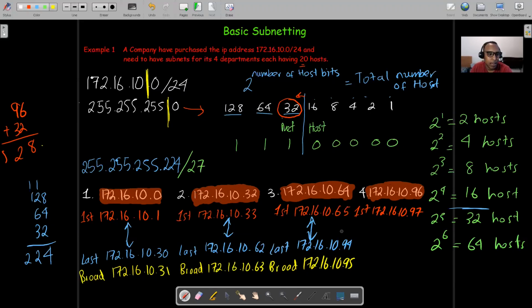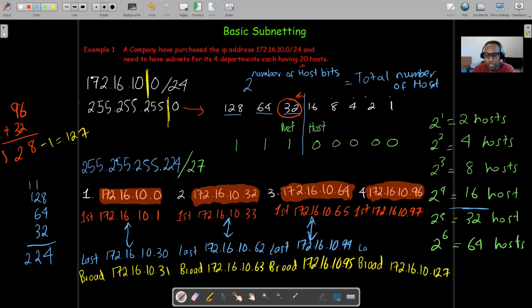So 128 minus 1 is 127. So our broadcast address will be 172.16.10.127. And so the last IP address will be 172.16.10.126. So everything between 97 to 126 are IP addresses for the host.